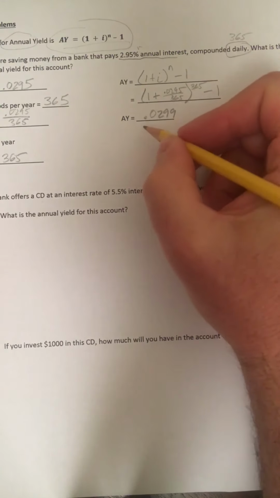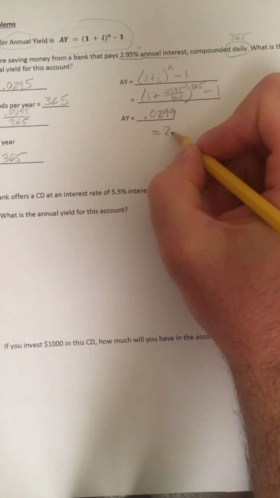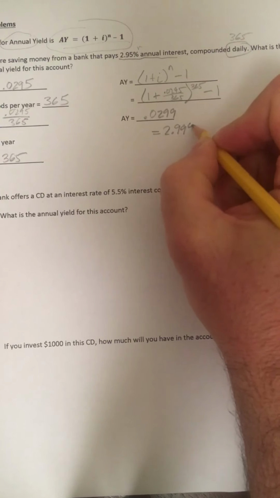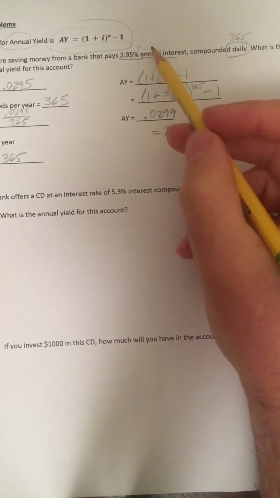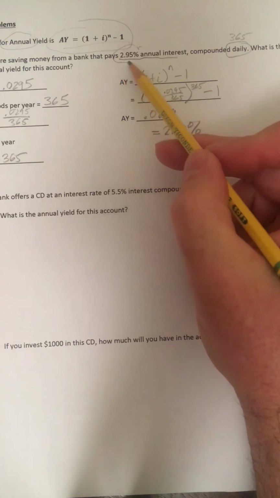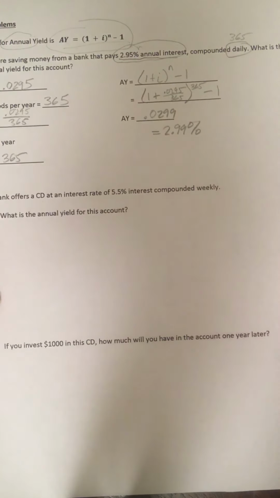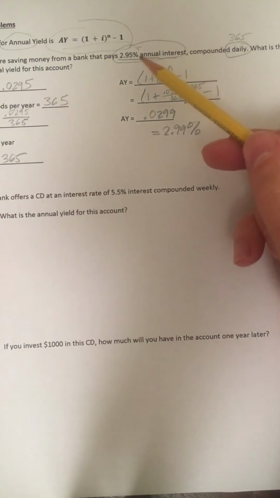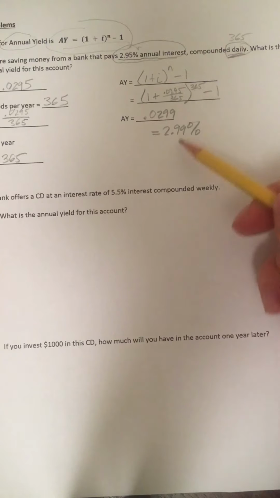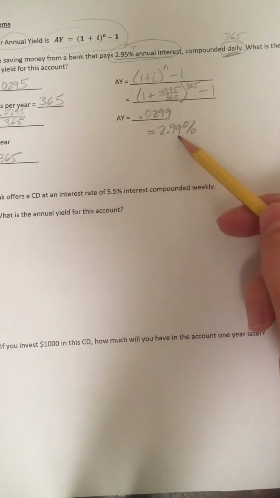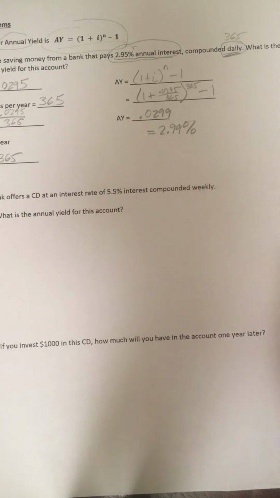And so that's the answer. If you want to put it as a percent, it's 2.99%. So again, they advertise that the annual interest rate is 2.95%, which is true, but because it's compounded daily, we actually yield 2.99% of whatever we invest.